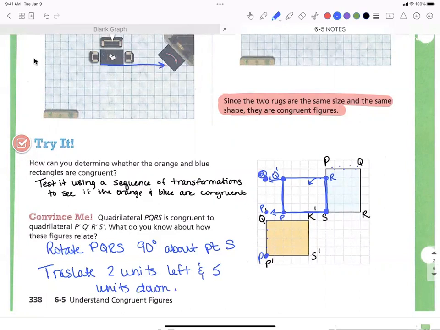And we can say what? These two are what? Yeah, congruent. That's what we were trying to prove. So if it asks you how they relate, that means you need to describe the sequence of transformations, and then decide yes or no if they're congruent or not based on your experiment or your test that you ran with the sequence of transformations. Okay?